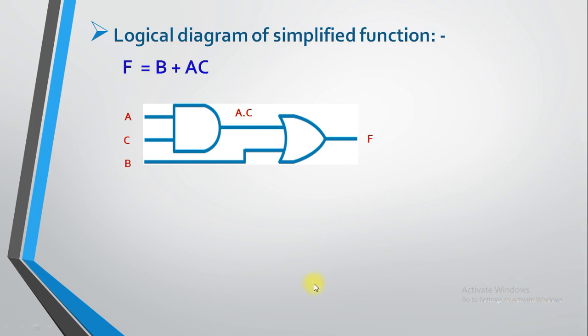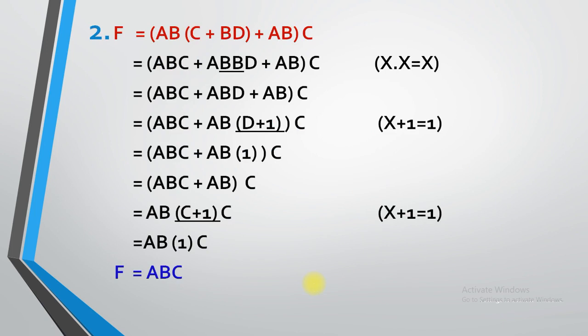Now let us take another example. F equals AB into C plus BD plus AB into C. For the given term, first of all, let us separate the given bracket by multiplying AB into C. So AB into C plus AB BD, plus AB into bracket, and out of the bracket we have written C. This C, don't touch right now, keep it as it is.